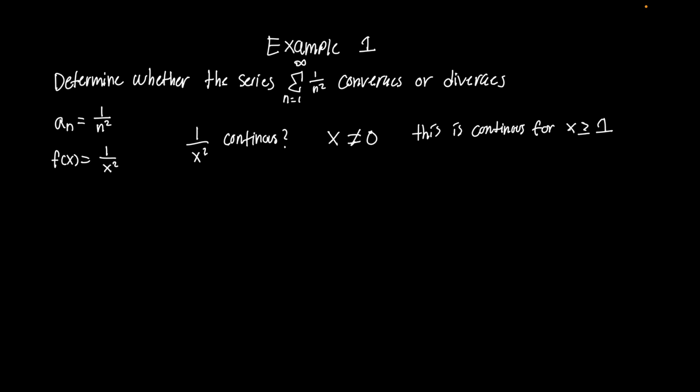So now let's check. Is 1 over x squared positive? Well, we don't have to look at the 1, so let's look at x squared. We know that x squared is always greater than 0. Therefore, it is going to be positive.